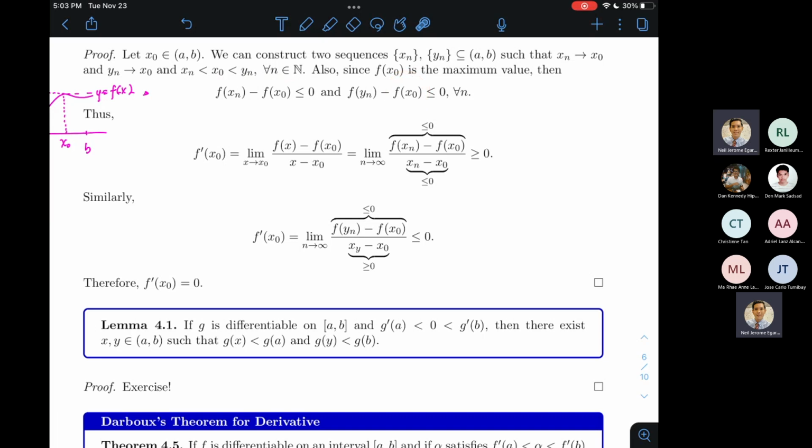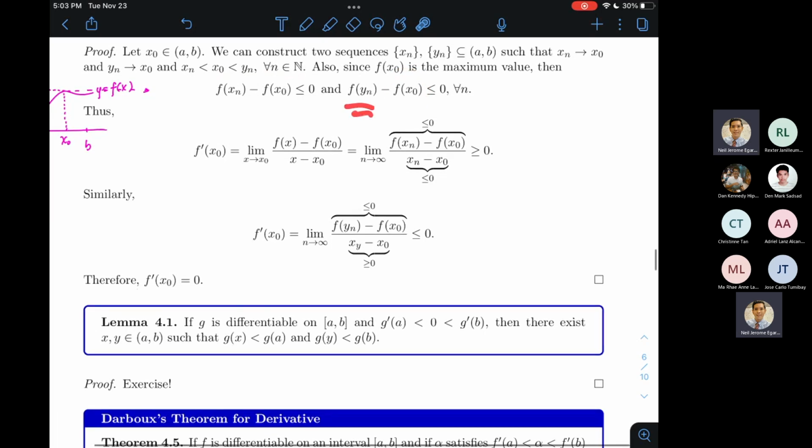Again, if I will use it as a subtrahend, this time to the minuend f of yn, it doesn't matter if the yns are to the right of x sub 0. Pag kinuha ko yung function values nila, lagi silang mas maliit or equal kay f of x sub 0. Because again, f of x sub 0 is assumed to be the maximum. So the minuend minus the largest possible value, dapat siya ay non-positive then for all n.